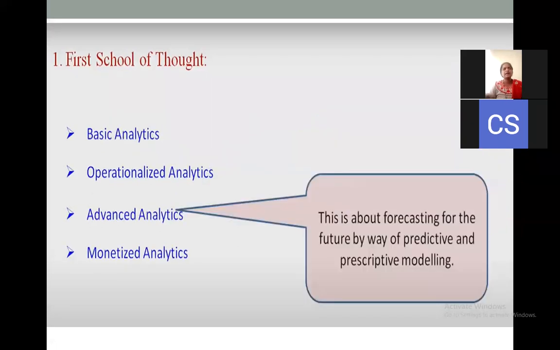What exactly do we mean by advanced analytics? In that we are going to predict the future, what will happen, or what necessary actions will be performed in an organization.